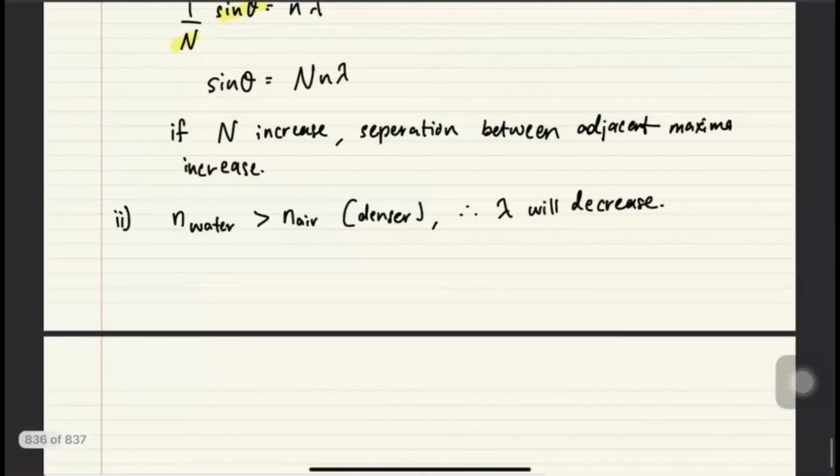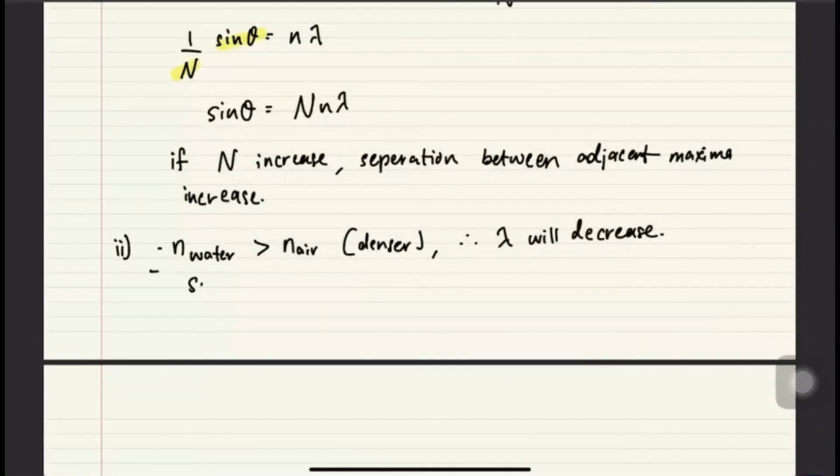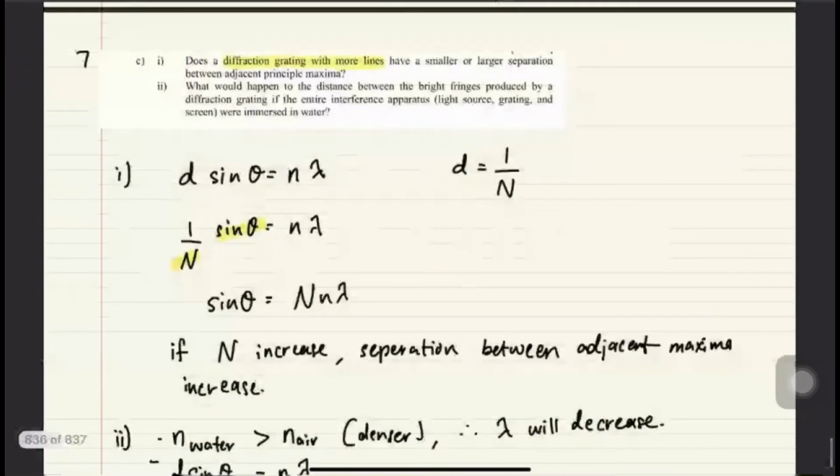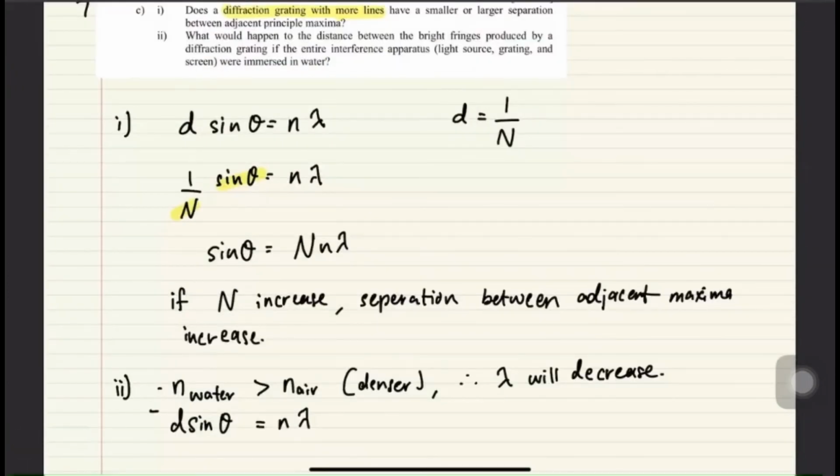Then again from the equation, d sin theta equals to n lambda. If immersed in water, what will happen to the distance between the bright fringes?